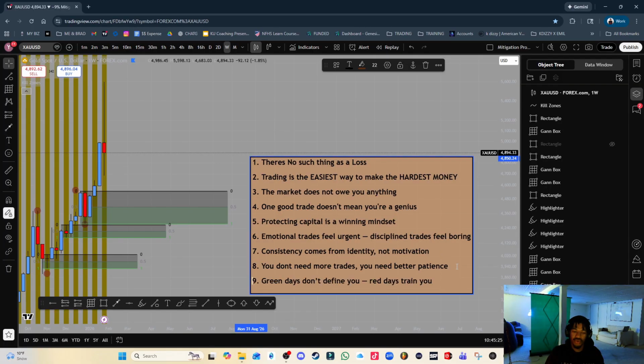Number 9, green days don't define you and red days train you. It's not the profit days, the good days that make you. It's the bad days. It's just like a relationship. You're not going to talk about the good. You can touch on it, you know what I mean? But the red days or the not so good days is where you're learning how to get better. The red days, when you're not doing as good, is what's going to really test your ability to bounce back, to stay disciplined.